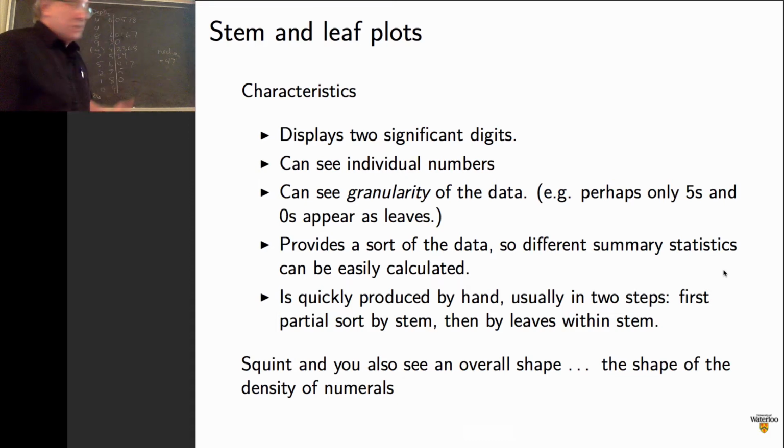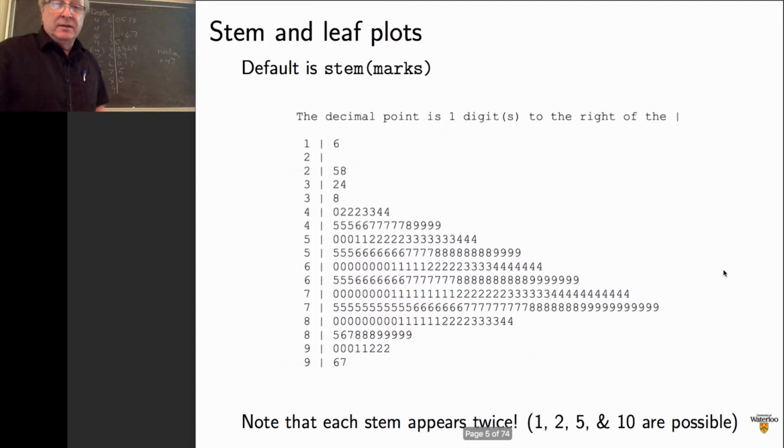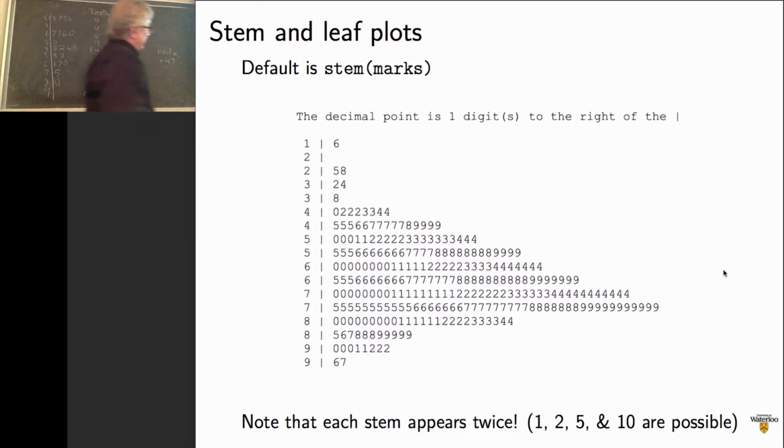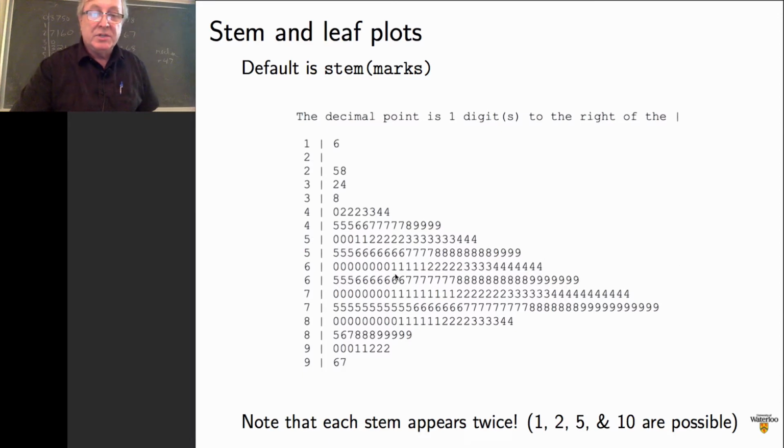So we can also see the granularity of the data. You can see in this class, pretty much every mark seems to be possible. If you only saw the right-hand side, if you only saw 5s, you'd know that I was marking to the nearest 5.